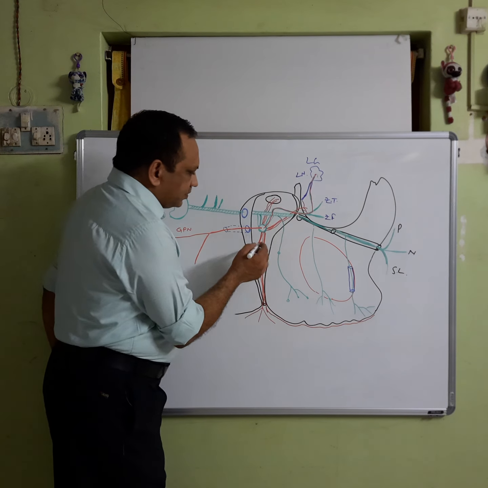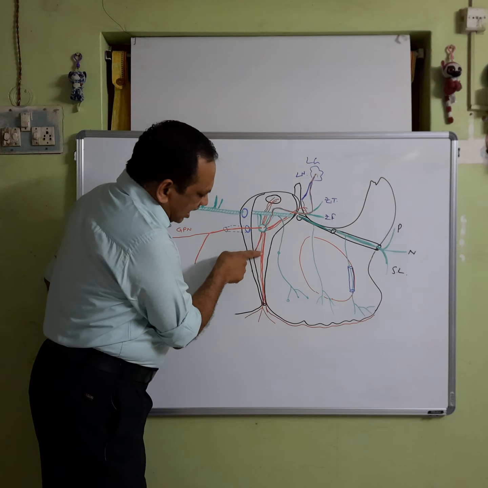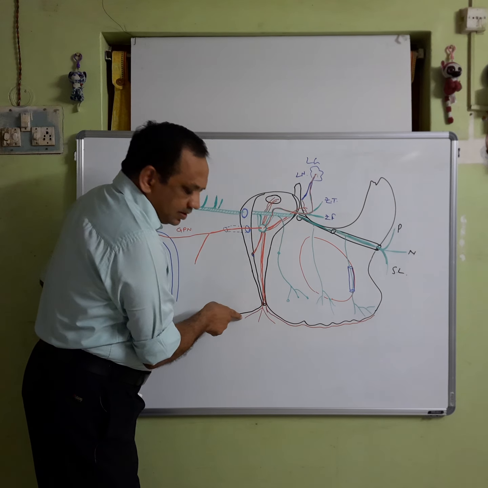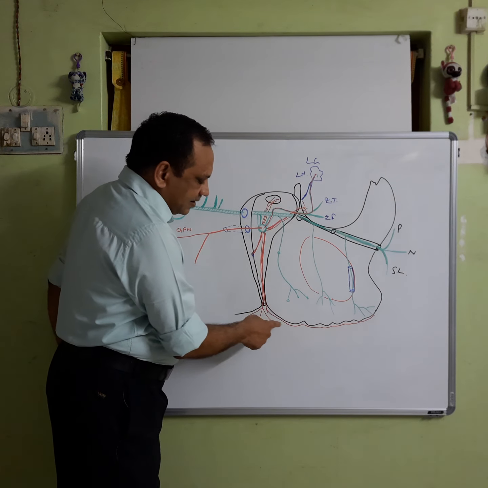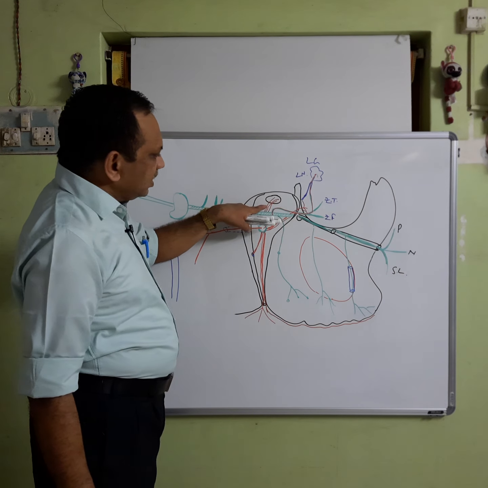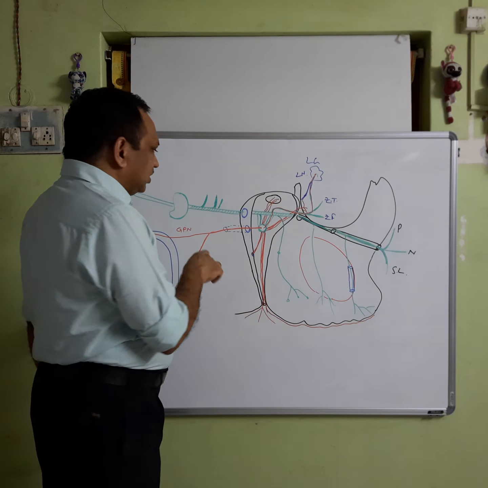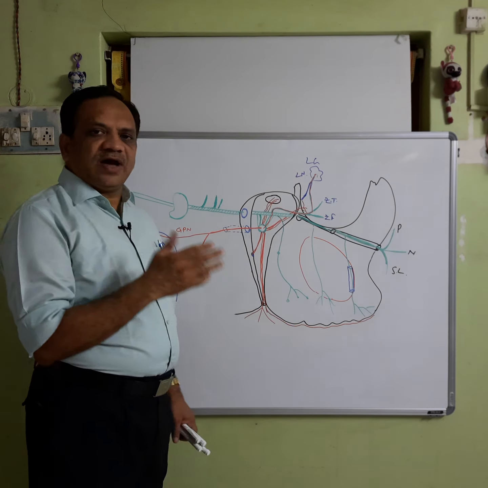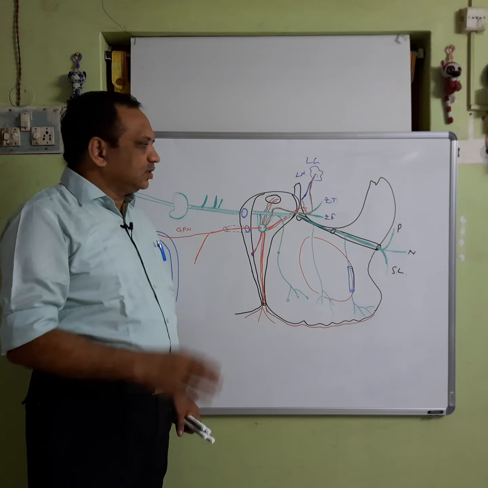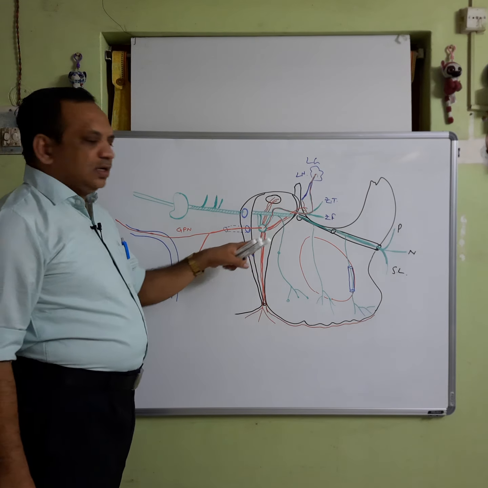They also pass through the greater palatine nerves to the glands at the soft palate and the hard palate. They pass through the nasal branches to supply the glands at the nose. So, they all carry the fibers from the lacrymatory nucleus through these connections.